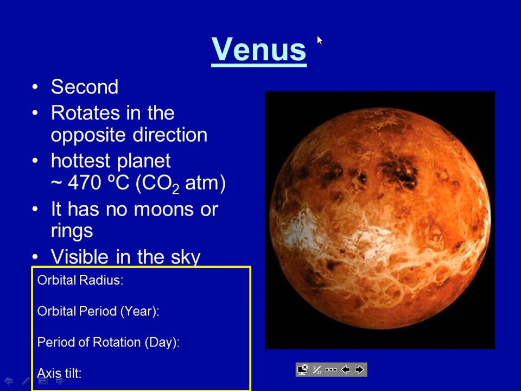It's super hot. It's super hot because it has pretty well only carbon dioxide in its atmosphere. Some scientists believe that Venus was much like the Earth and had very little carbon dioxide.